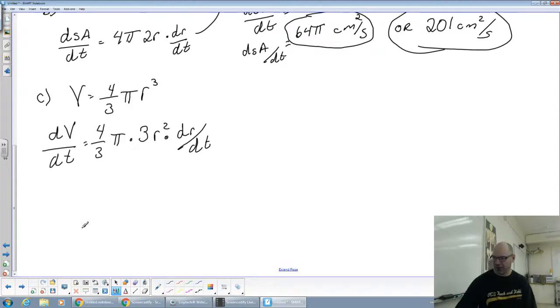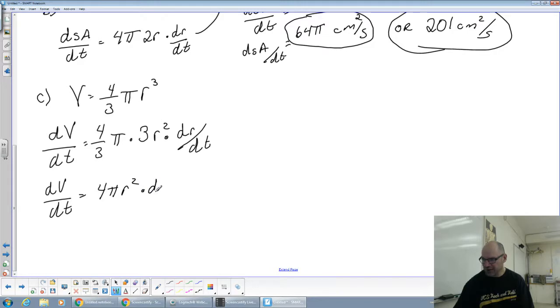Okay, and then we can simplify that down. dV/dt: 3 times 4 divided by 3, the 3's will cancel out. So we're going to end up with 4 pi r squared dr/dt. And there's our related rate expression.